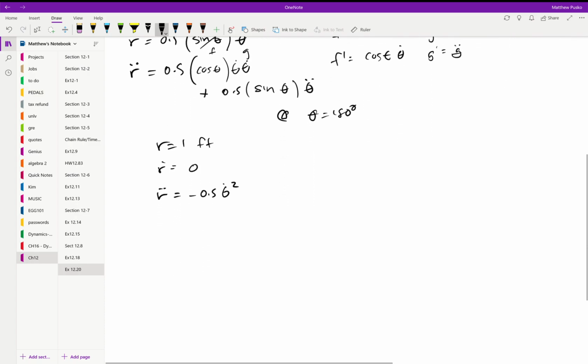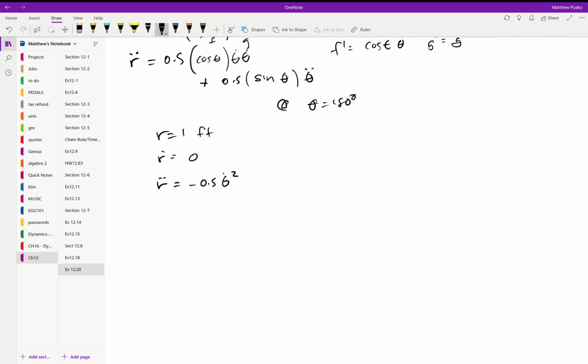Okay. Using these and the fact that the velocity is 4 feet per second, we say the magnitude of the velocity is equal to the square root of r dot squared plus the other component, r theta dot, squared.